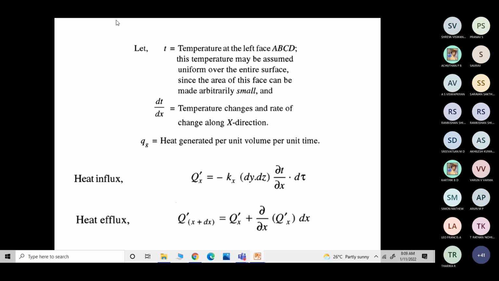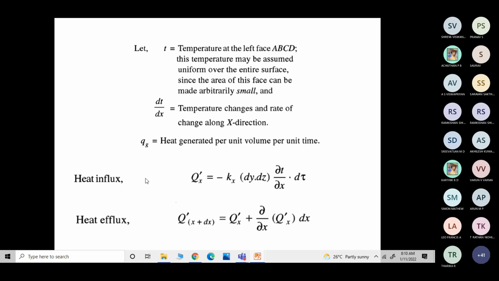Now let T be the temperature, and dT by dx be the rate of change of temperature along the x-axis direction. Small qg is the heat generated per unit volume per unit time.